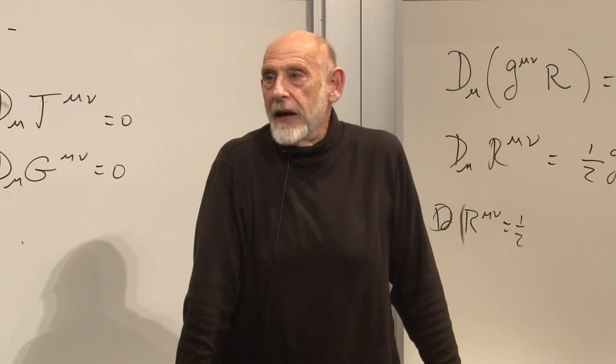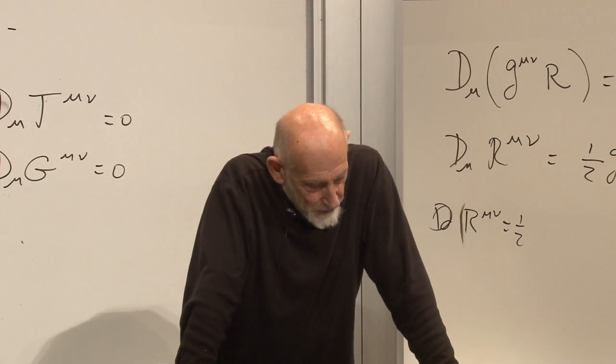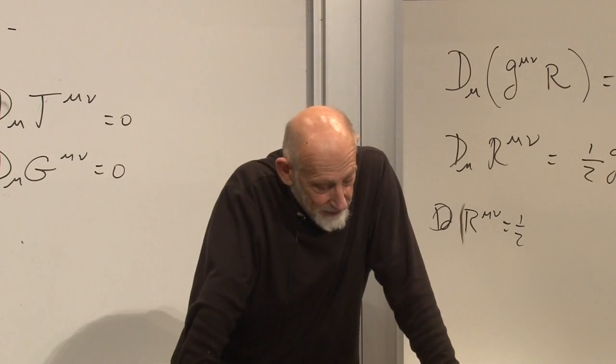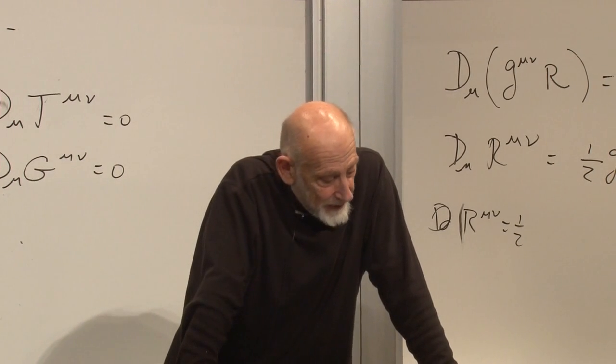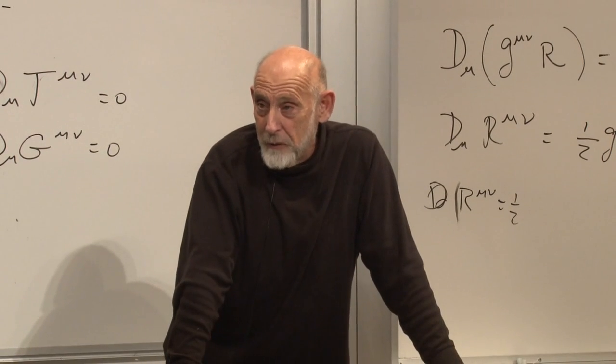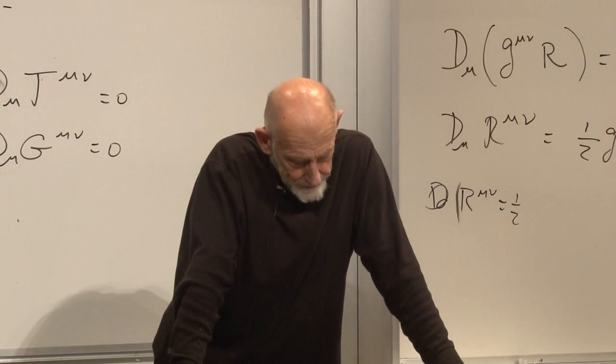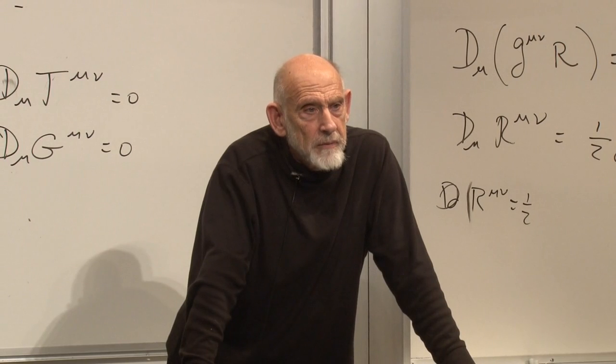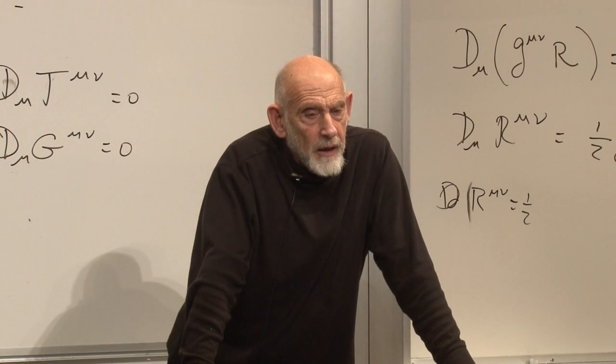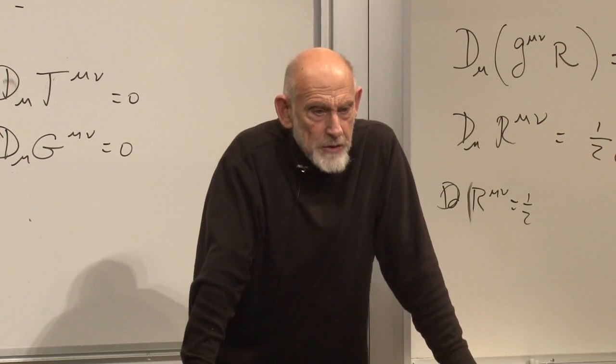Well, it's a mathematical fact, but is it a physical thing? I can't think of any simple physical argument for it, but it is a fact. And was that fact known by Einstein, or was that determined later? No, it's an easy fact.